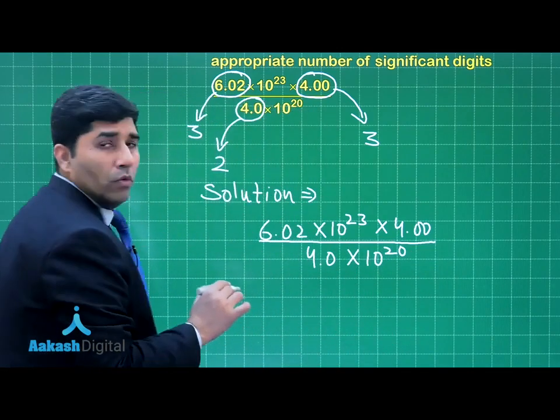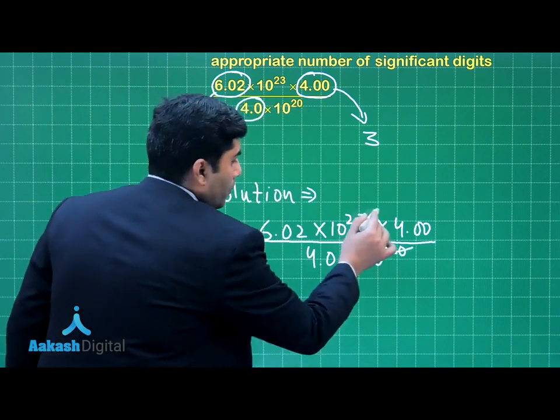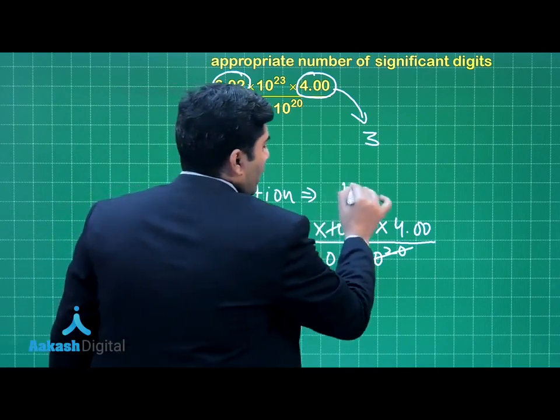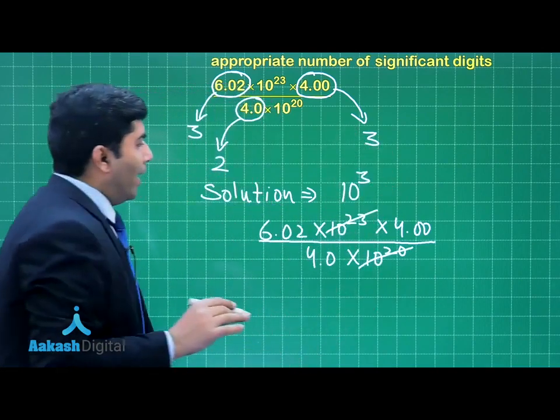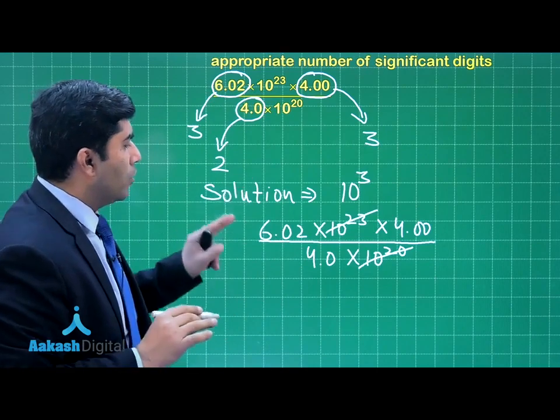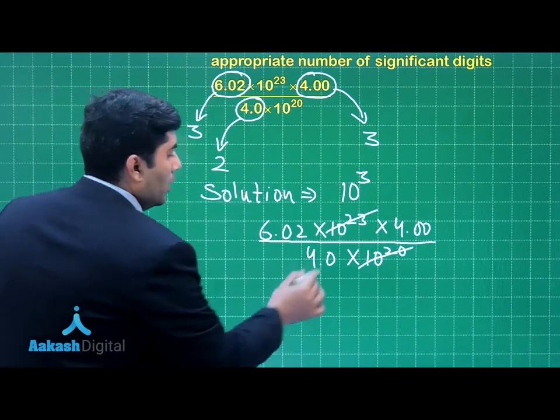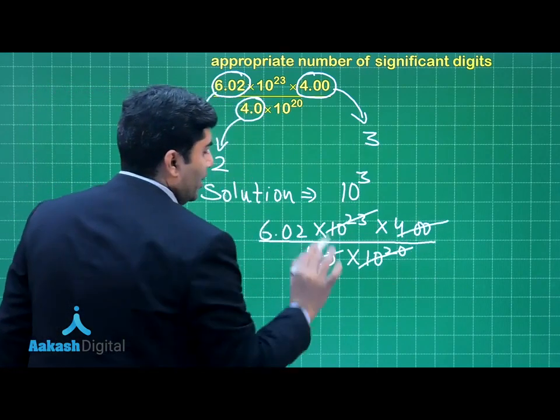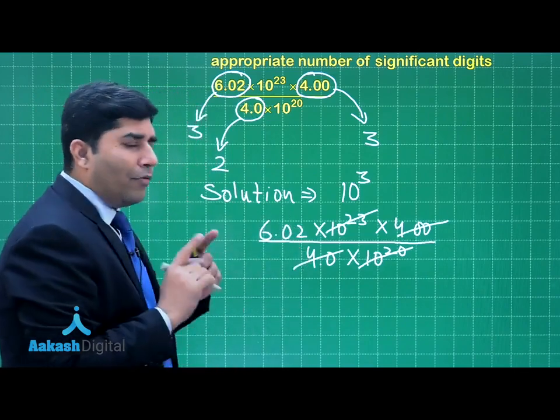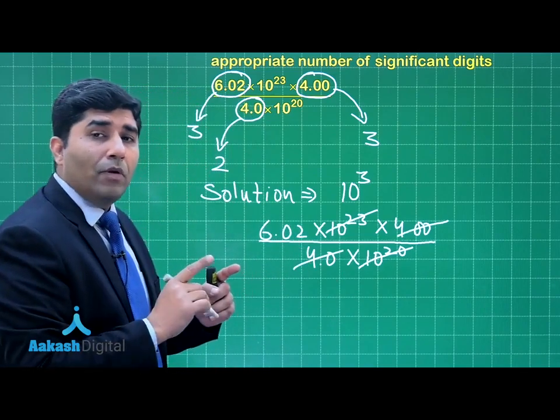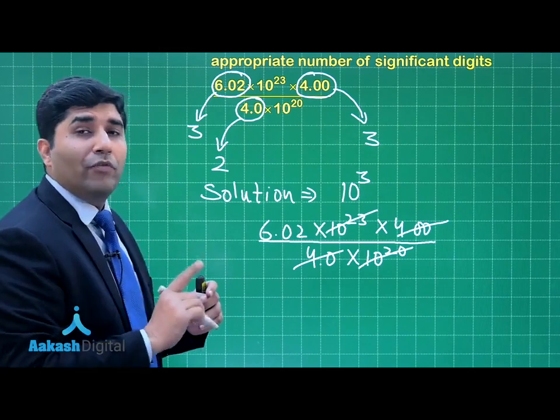First we divide these two, and when dividing we will get 10 to the power 3, right? This 4 and 4 will get cancelled, but keep in mind the answer will have two significant digits.